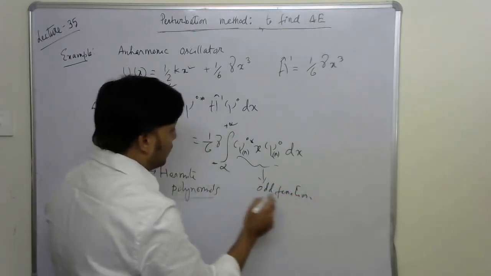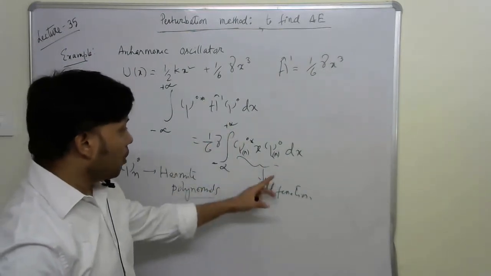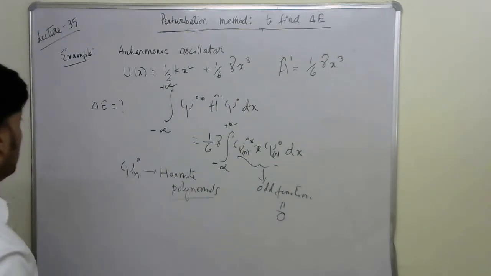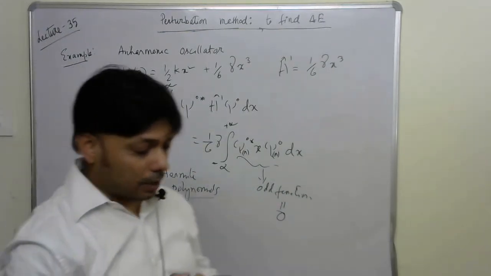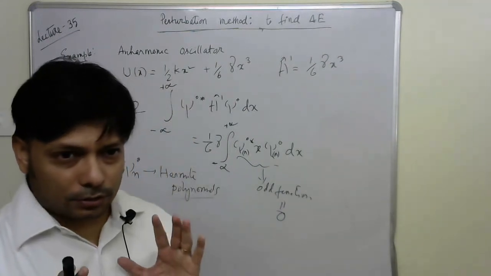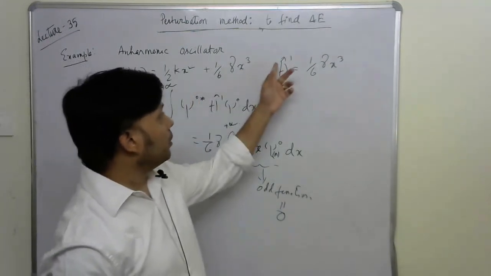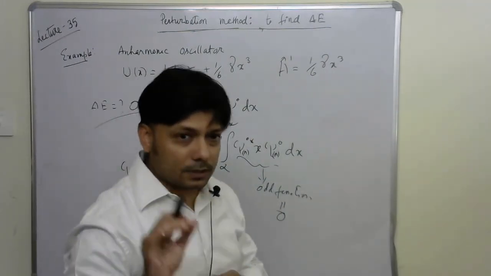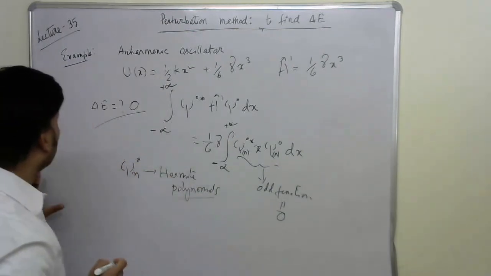As we know, the integration from minus infinity to plus infinity of an odd function dx is equal to 0. So that means the delta E part for first order perturbation for an anharmonic oscillator is 0. Of course, it can be non-zero if we move to the other term, which consists of x to the power 4. But since the term is very small, we can neglect it for the time being.